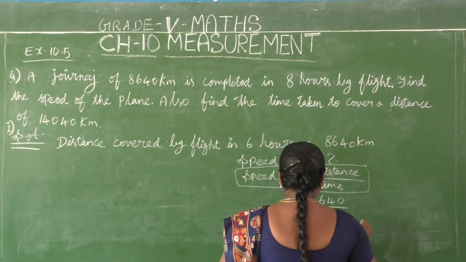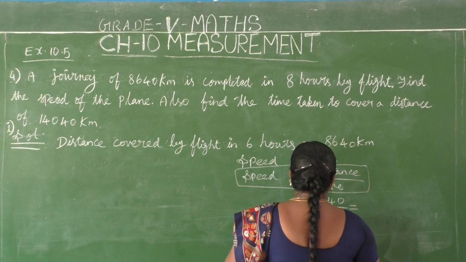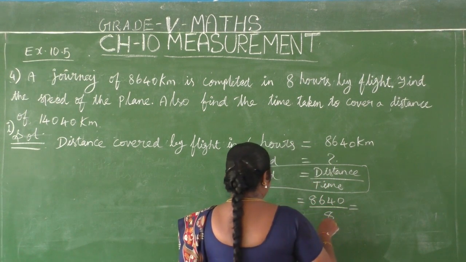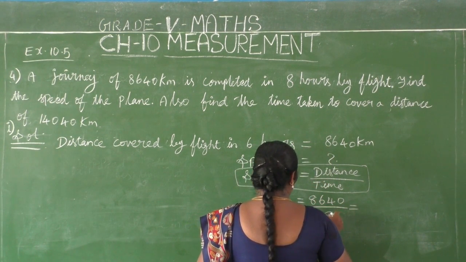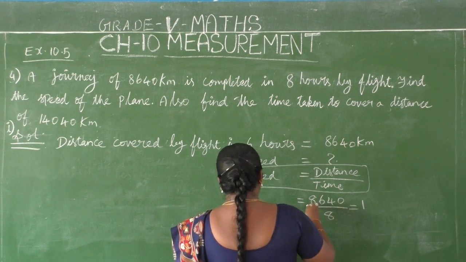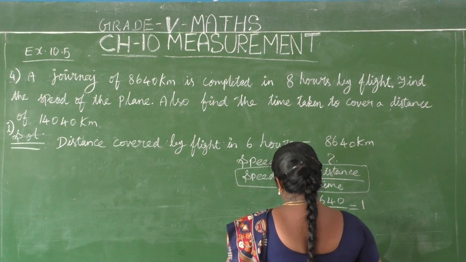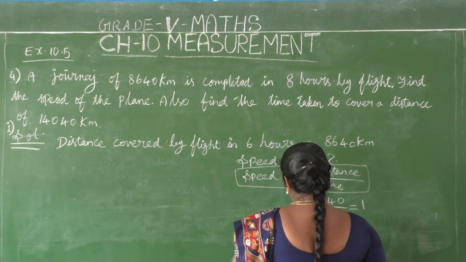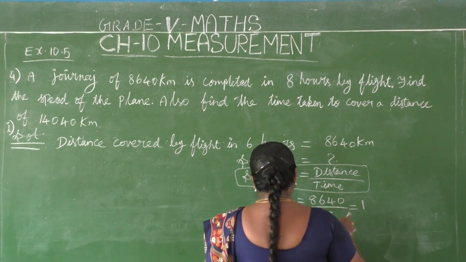Okay, now I am going to cancel it. 1 8s are 8. Then remaining 2 is there. 26. 10 times it will come.